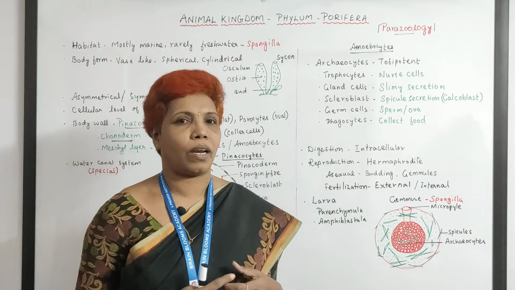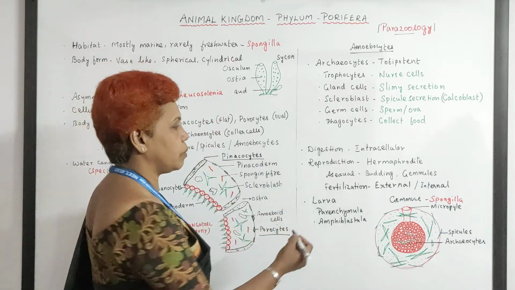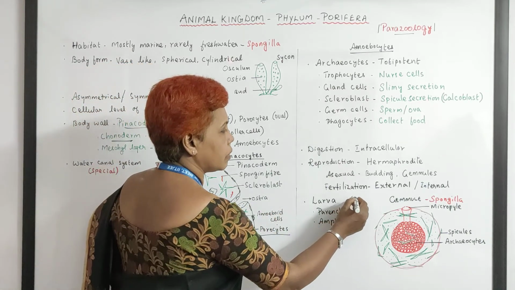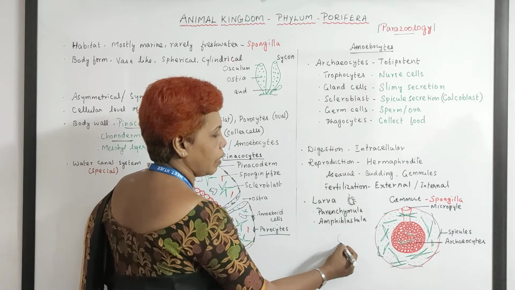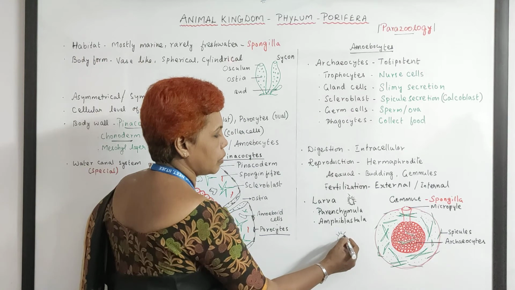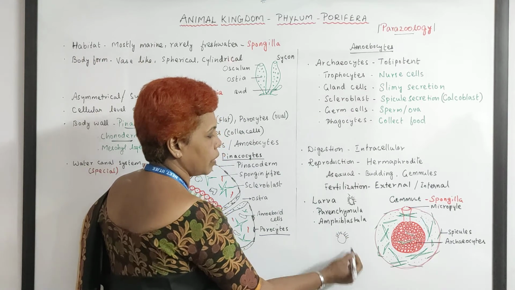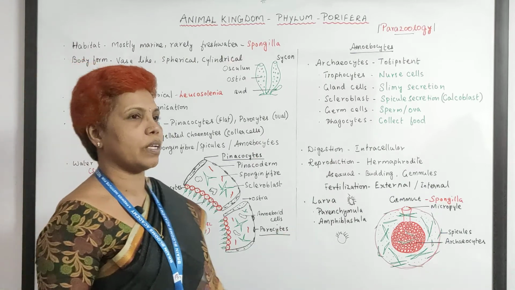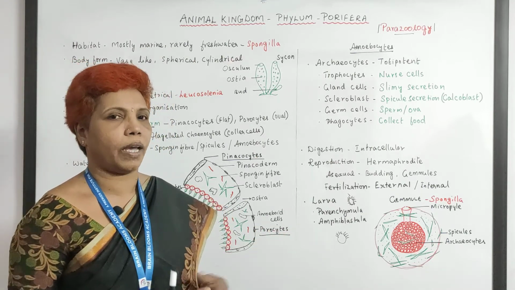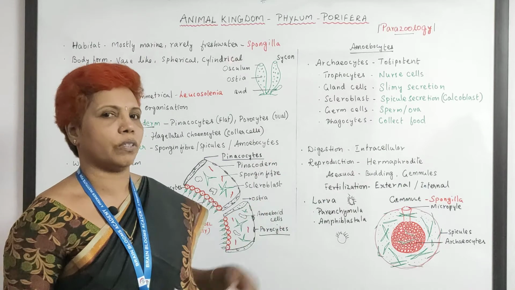The parenchymula has cilia throughout, and the amphiblastula has minute cilia on half of the body. This is how they produce the larva, which grows and becomes a young one, and the life cycle continues.